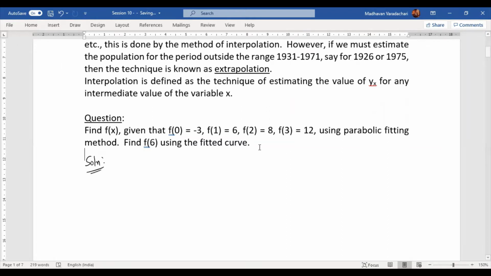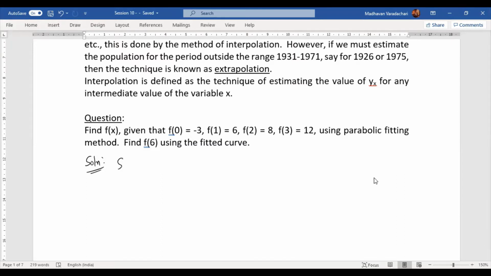Let us say what is all given. We have been given 4 entries. Entries means the f of x values. So f of 0 is given, that is called an entry. F of 1 is given, second entry. This f of 2 is third entry. F of 3 is fourth entry.